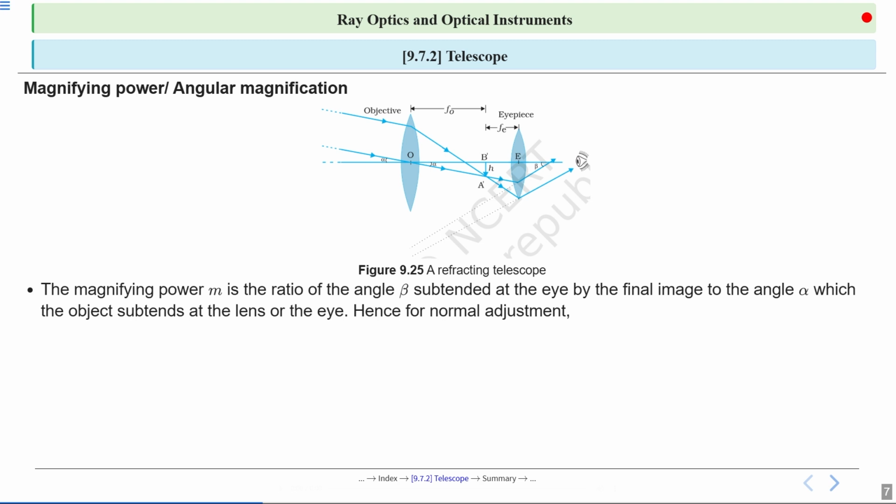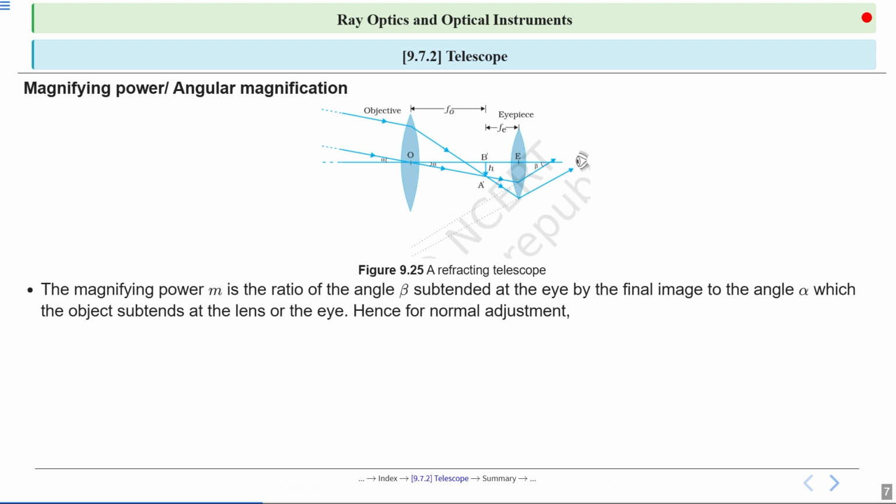Now let's delve into the concept of magnifying power. The magnifying power, denoted as M, is the ratio of angle beta, which the final image subtends at the eye, to the angle alpha, which the object subtends at the objective lens or the eye.